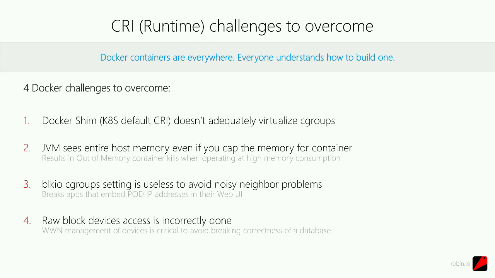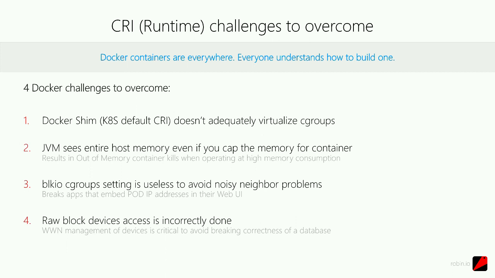When we were running HANA, or things like Kudu of Cloudera, we were seeing that the JVM starts seeing the entire host memory, even though you've capped the memory for the container, because the off-heap memory is exposed to the sysinfo system call, not through the sysfs and procfs interfaces. So you've got to address that.